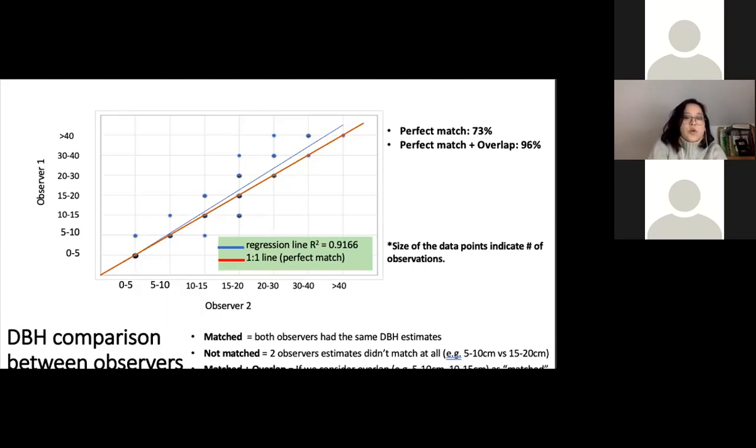So if those overlaps are included in the calculation, then the percent of consistent results goes from 73% to 96%, a significant increase. So this illustrates the value of completing a pilot study, as this points out a potential problem for future surveys that needs to be addressed.